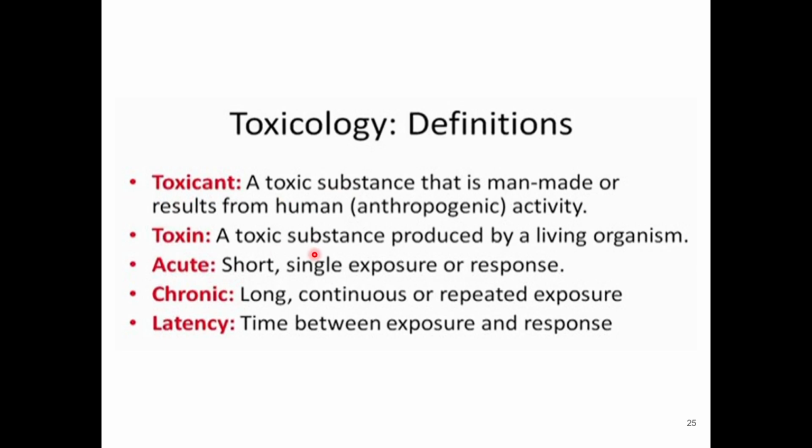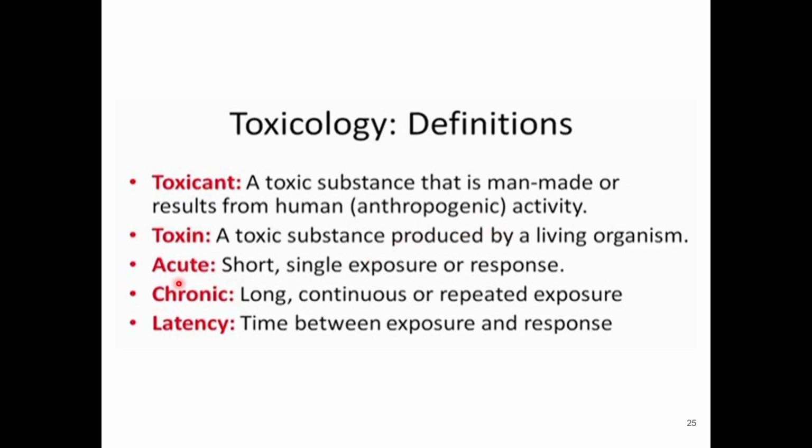So what is a toxin? A toxin is a toxic substance produced by a living organism. In this case there is no contribution of human or anthropogenic activity. A toxin is a toxic substance created by a living organism, such as snake poison. There is no man-made contribution there. And a toxicant is a toxic substance related to human activity.